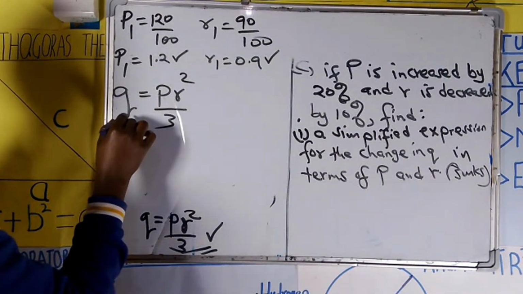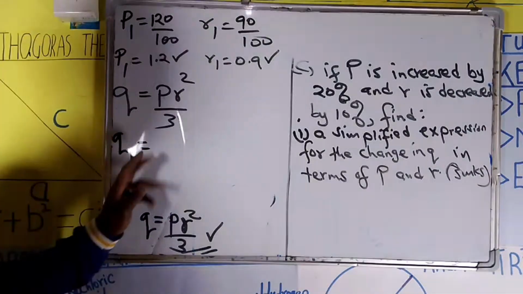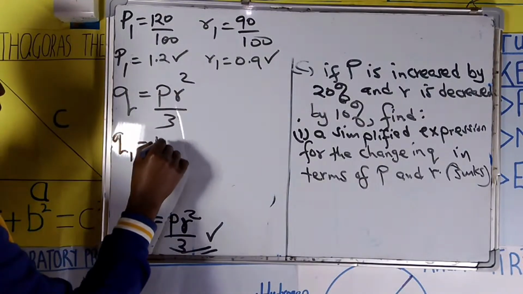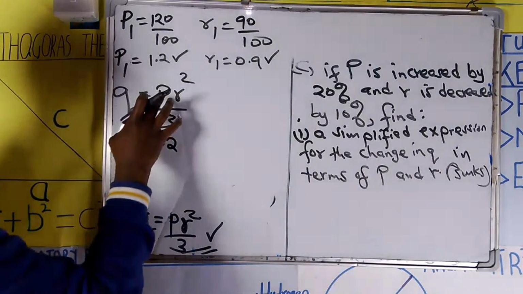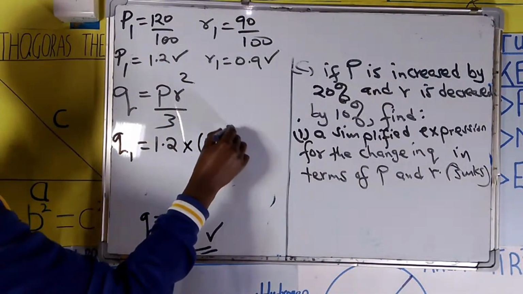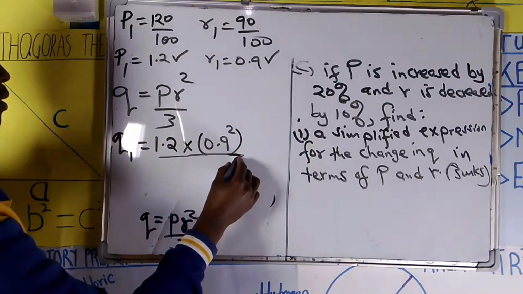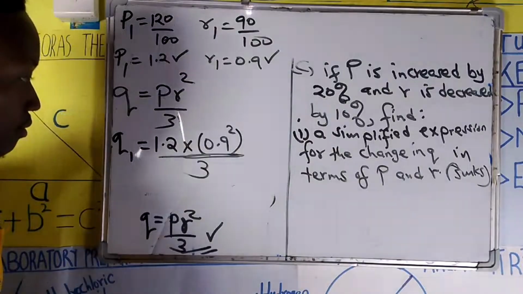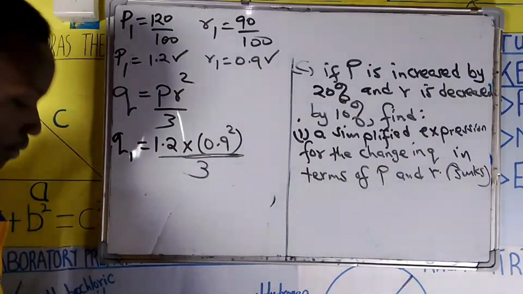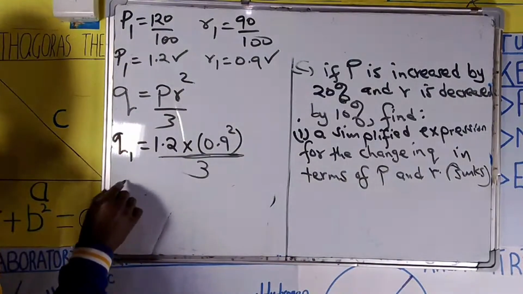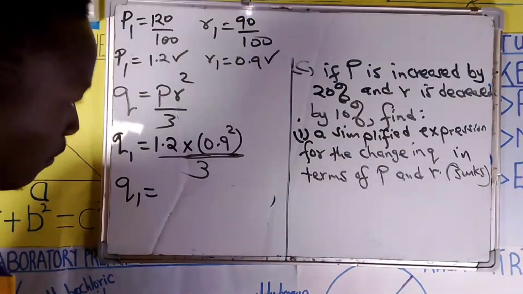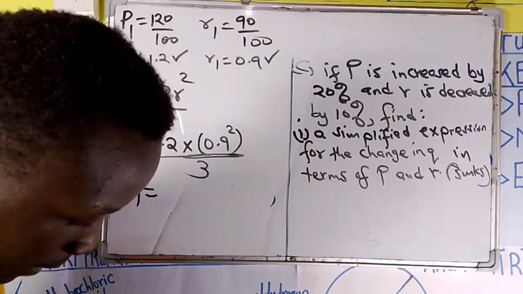And we are going to get our new Q. The new change in P is 1.2, the new change in R is 0.9 squared, over 3. So when you do that, you are going to get our Q is equal to 0.9 squared, which is 0.81.